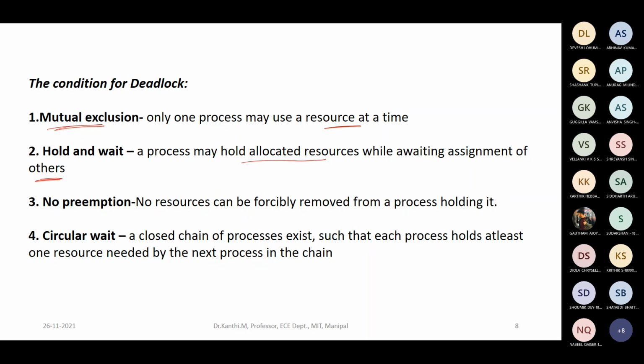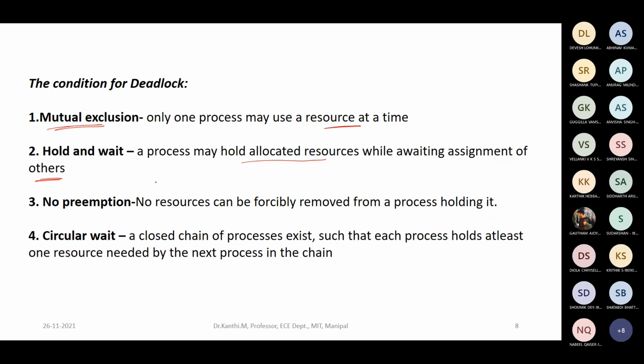And the third one, no preemption: no resource can be forcibly removed from a process holding it. Okay, you cannot forcibly remove any resource from the process. Preemption in the sense, you just try to block it and give priority to the other one.